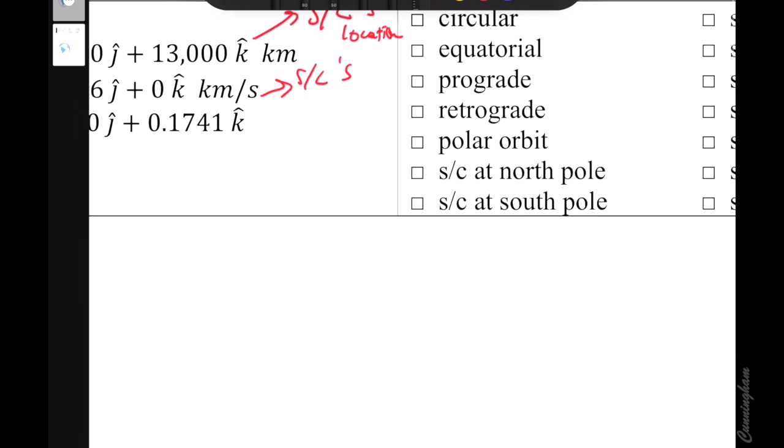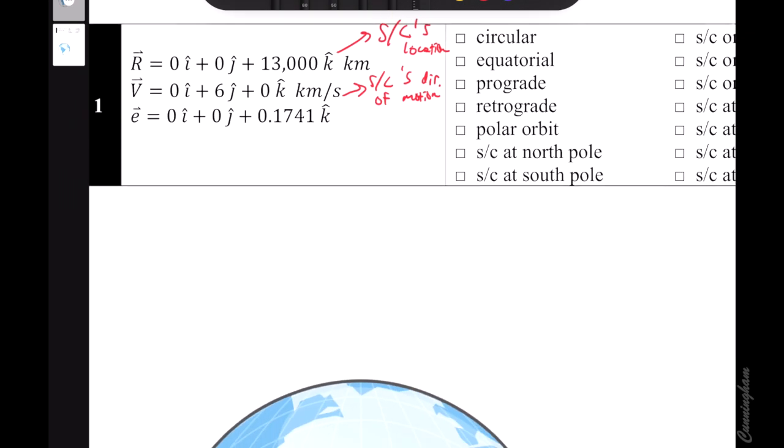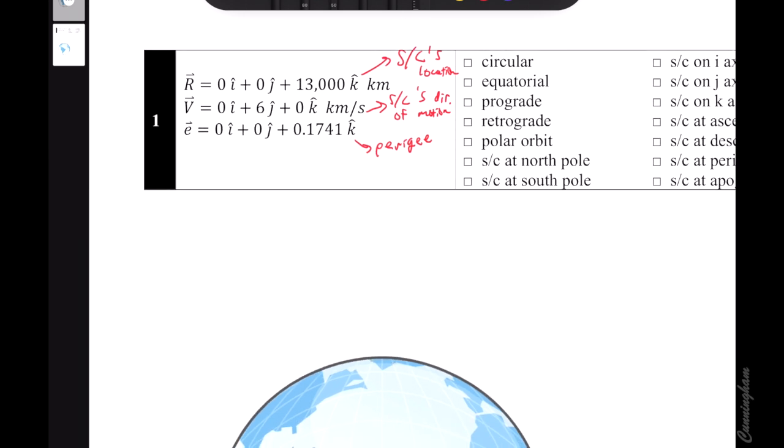And the E vector points towards perigee, remember, just out in space, the location of perigee within the orbit. Now, when we talk about just E without a vector hat on it, what we're talking about is eccentricity.